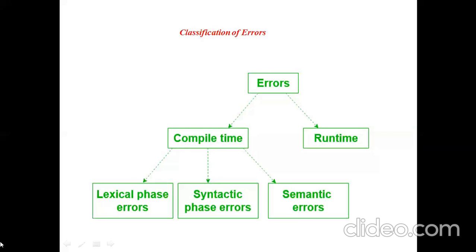When we come to runtime errors, as already mentioned, these are the errors generated at the time of running of the program. These are identified by the processor. What is an example? Sometimes we write statements in the program which are syntactically correct, but at runtime the processor does not know what to do with those statements.